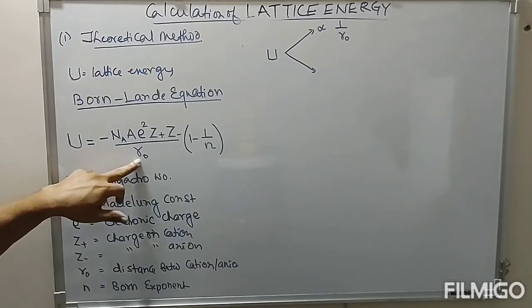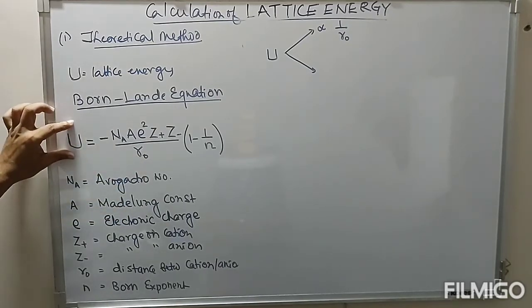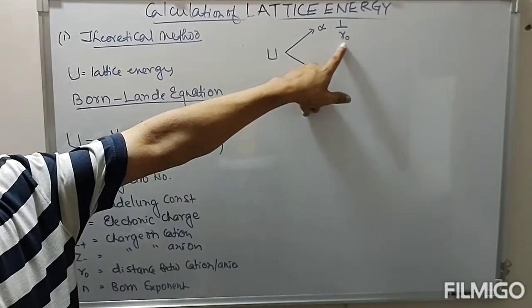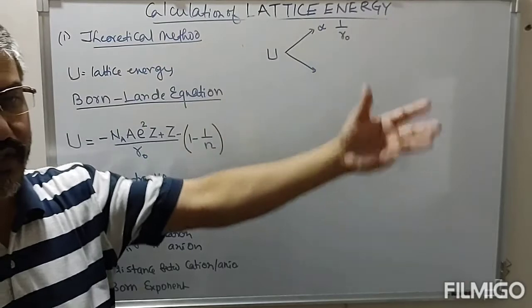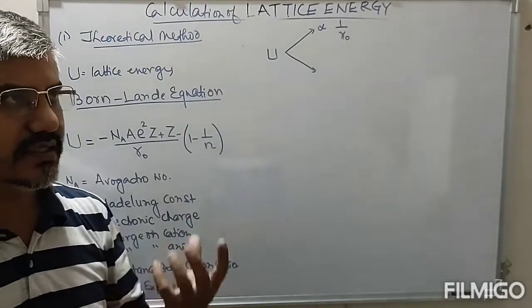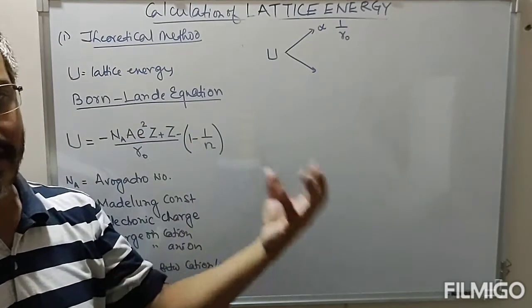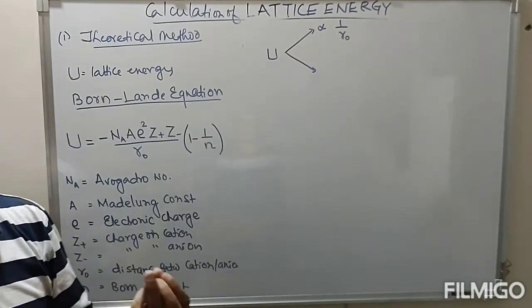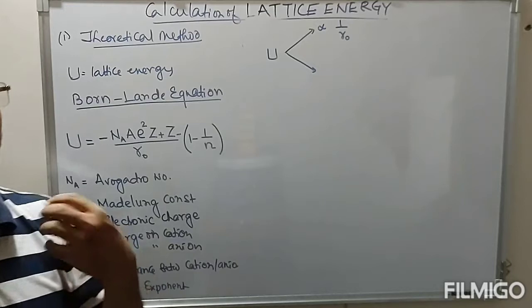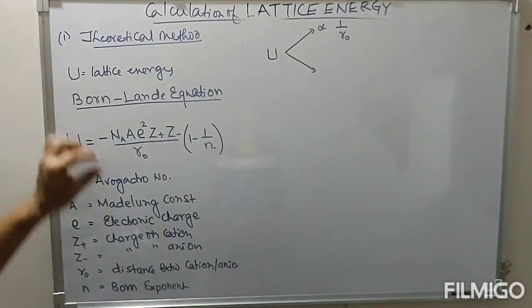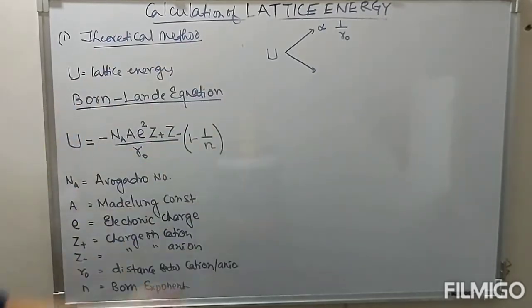If the distance is less, it will be more. So lattice energy is inversely related to the distance between the ions. So for this lattice energy to be large, the distance or the size of the ion should be small. Smaller size ions will have larger lattice energy. This negative sign represents energy released.